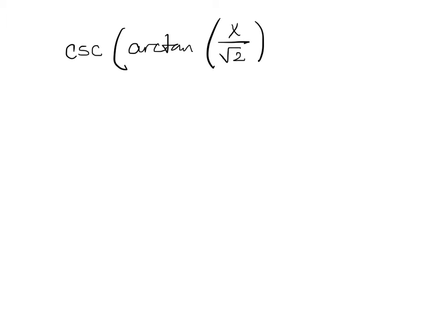So what was this? Cosecant of arctangent of x over root 2. So you probably drew some kind of picture like this, where you put x and root 2.